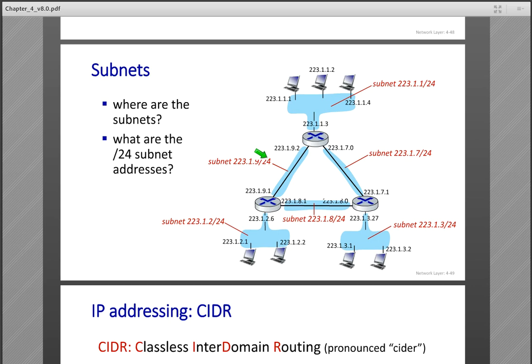But here, the mask of this network is /24, which means I can have 256 different IP addresses in this network. I only need two addresses for these types of networks. In reality, this network can have 255 different IP addresses, and most of this range is not necessary.